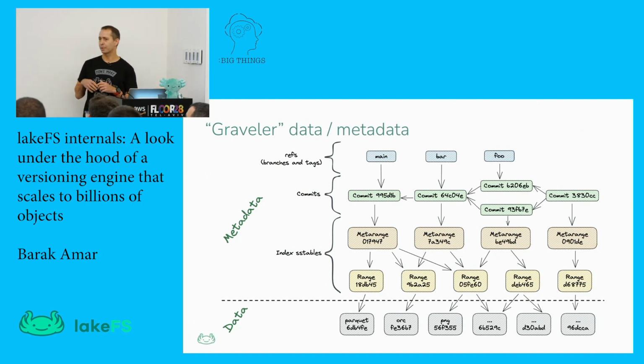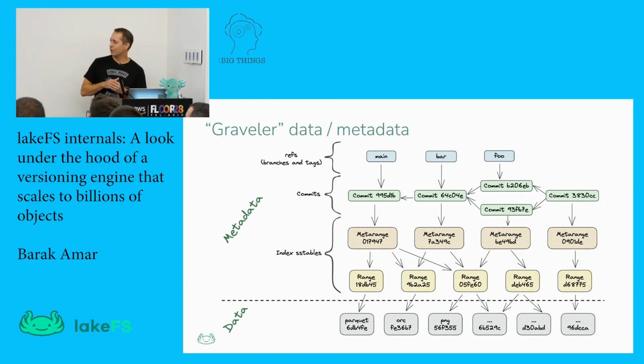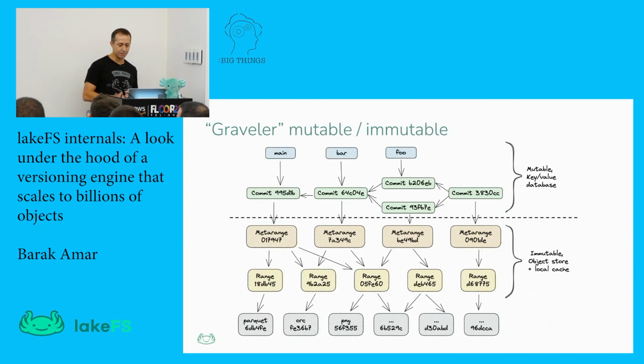So if you remember the Parquet file or any file, the file-agnostic information is kept on the bucket, and I have a slide saying where the data is kept. And you can see all the meta range and ranges; we will drill down to understand how they are keeping the data as we designed. And all the mutable data, uncommitted data, and commits, for performance reasons, we kept on the key value database.